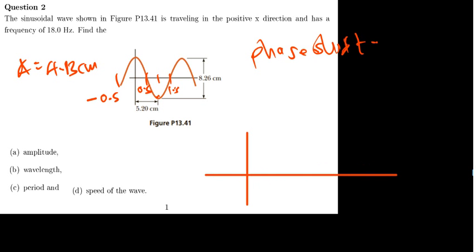It goes there, there, and there. So in this case, what is our phase shift?